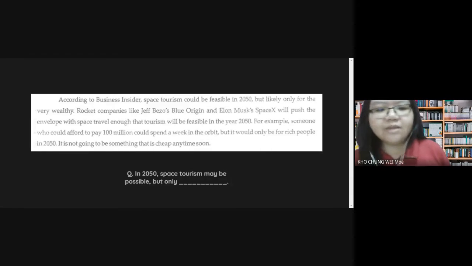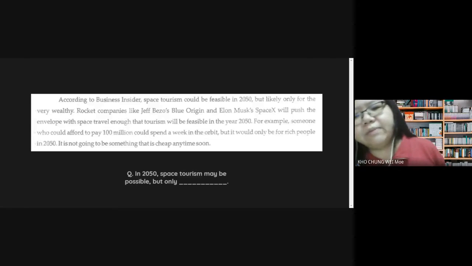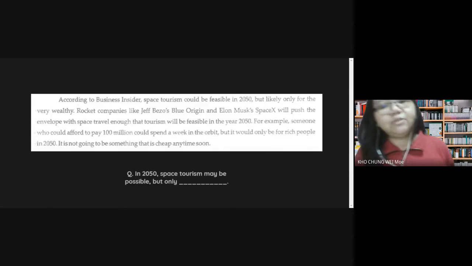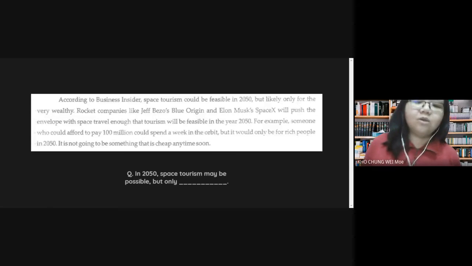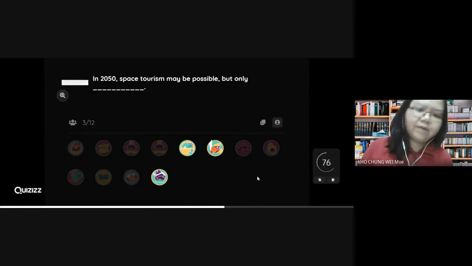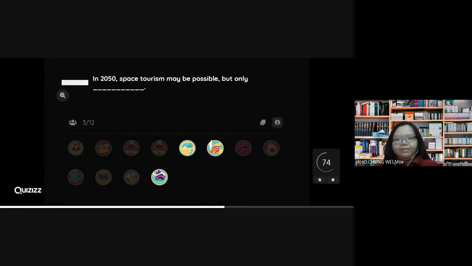For example, someone who could afford to pay 100 million could spend a week in orbit, but it would only be for rich people in 2050. It is not going to be something that is cheap anytime soon. So in 2050, space tourism may be possible, but only, fill in the blank. Remember, no more than five words and or a number.